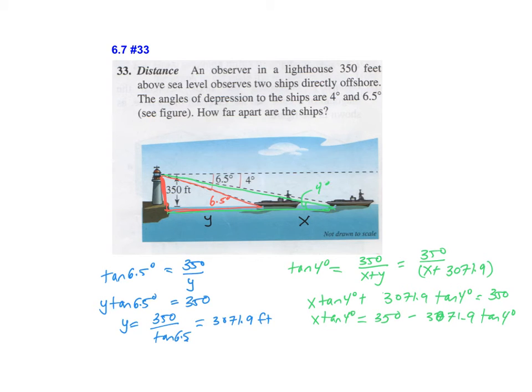And finally, divide both sides by tangent 4 degrees. And if you enter all that into your calculator, you will determine that x is equal to 1,933.3 feet, which is the distance between the two ships.